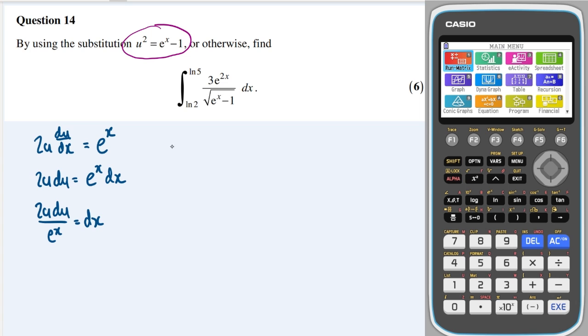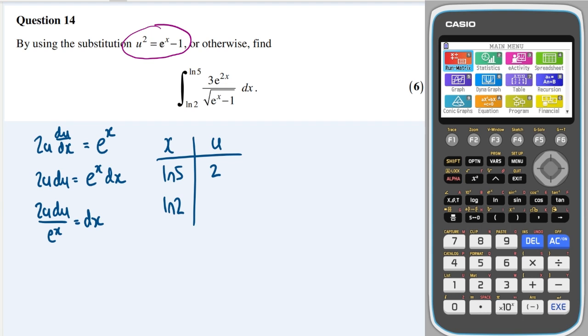Okay, next what I'll do is my limits. So I'll do x and I will do u. And for x we have ln 5 and ln 2. And when I put it into the substitution, e to the ln 5 is just 5, minus 1 is 4, so u squared equals 4. So u is equal to 2.